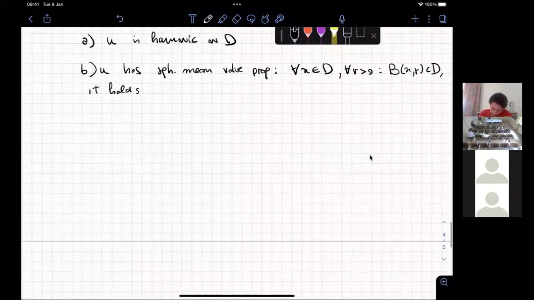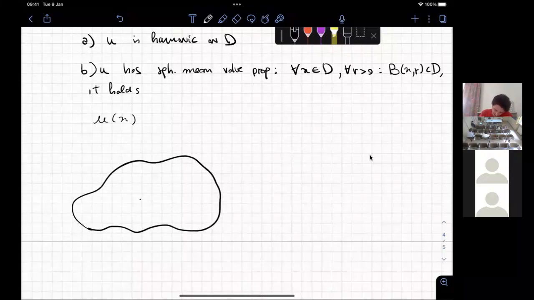So take your domain, here you have x, you have that the function evaluated at x is equal to the integral over the boundary of the ball of radius r.